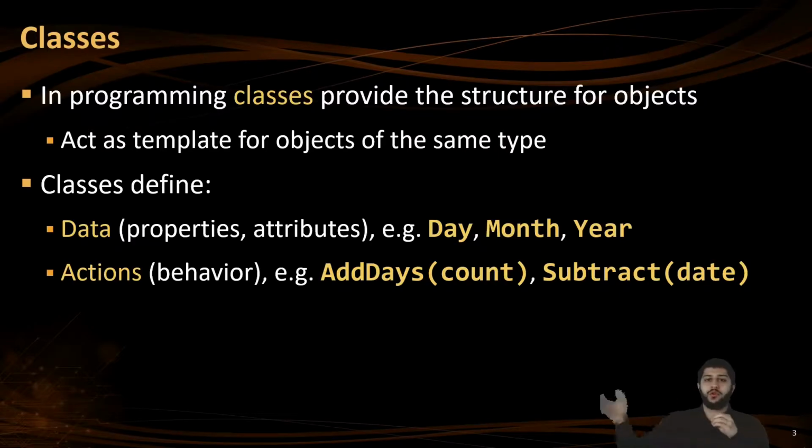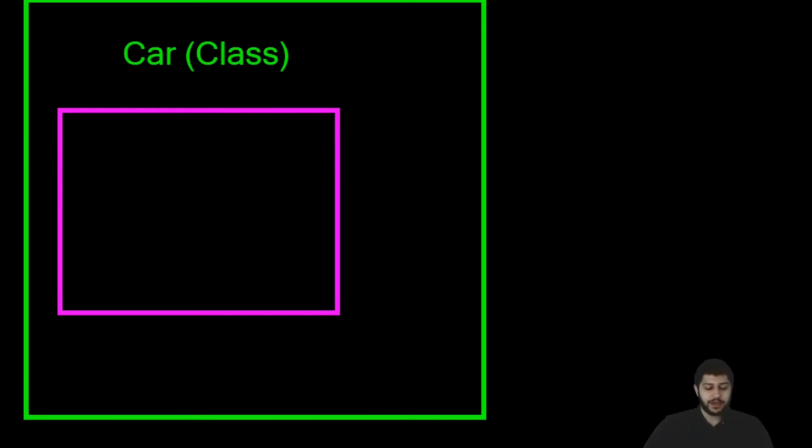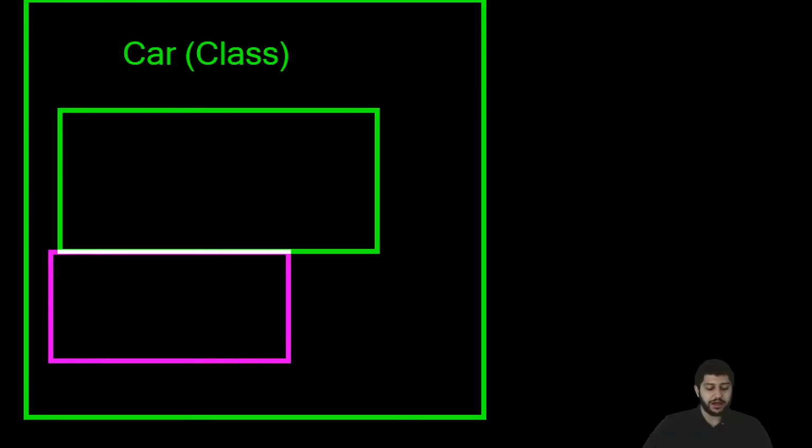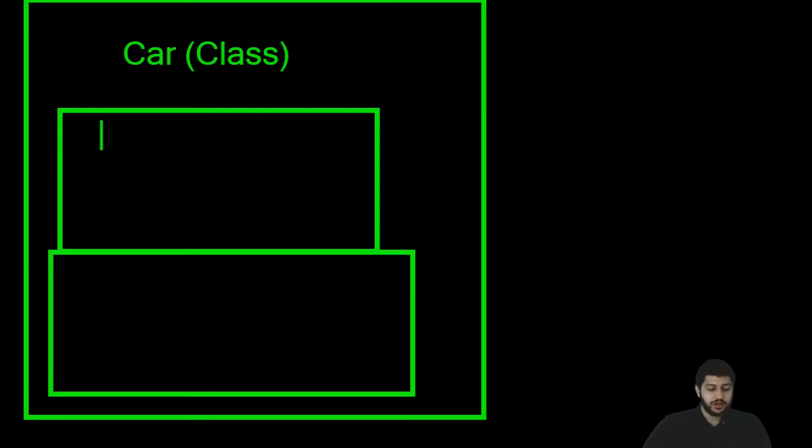Let's say drive miles, and specify how many miles you want to drive with this car. Let's see an example here. We have this car class, and this car class is just one. This car class is the template. It defines what we need to have inside our car objects. So first of all, we need the data. And second, we need the actions or the behavior.